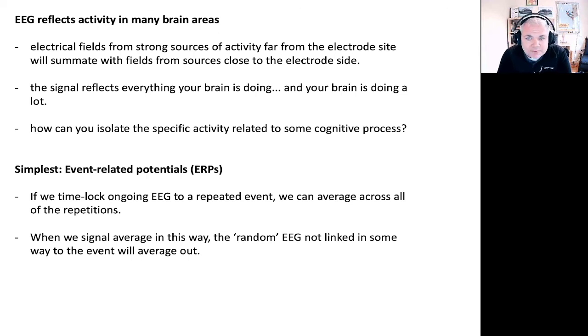And when we average across many, many repetitions, all of the brain activity that is unrelated to the time locking event will be considered random effectively. You know, the signal can be as much up or down at any individual moment, right? All of this other brain activity that's not associated to the processing of the time locking event will eventually average out, leaving only the evoked activity that's associated with the event to which we've time locked.